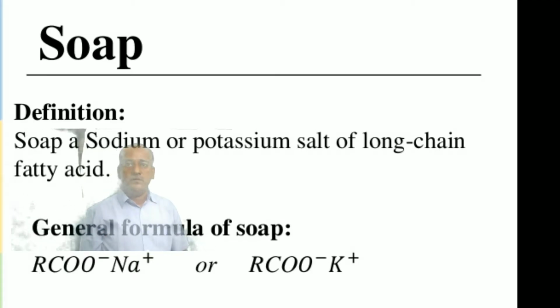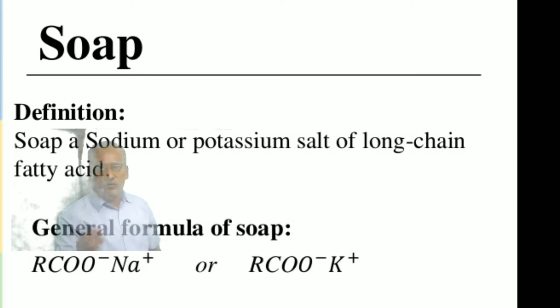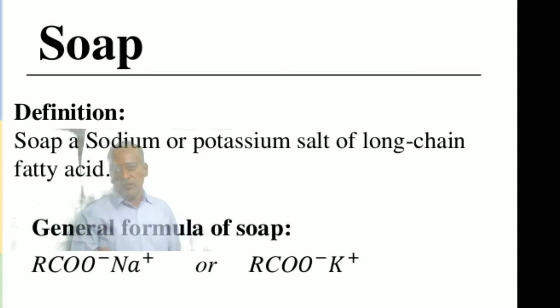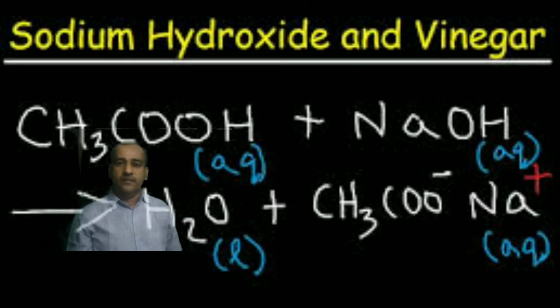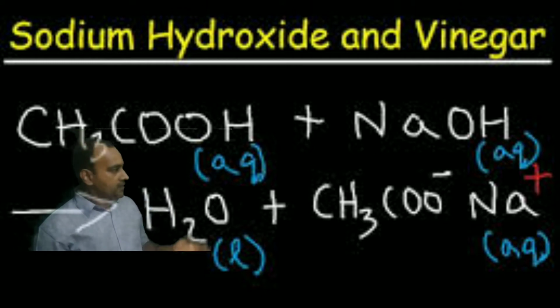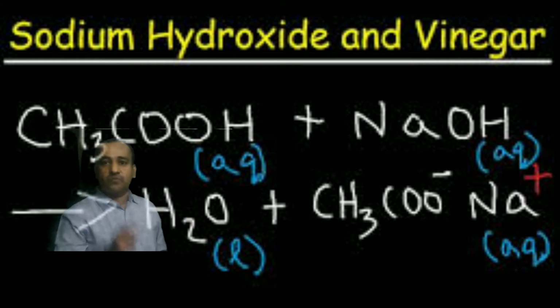What is soap? Soap is a sodium or potassium salt of higher fatty acid. Sodium or potassium salt means, for example, when sodium hydroxide reacts with acetic acid, we get sodium acetate. This sodium acetate is one of the salts of sodium hydroxide.